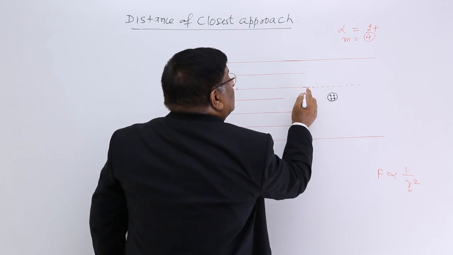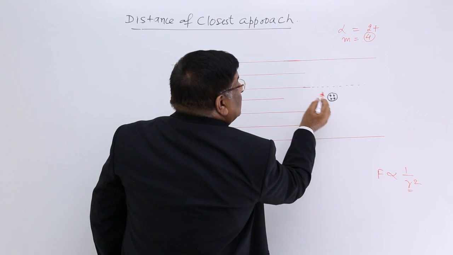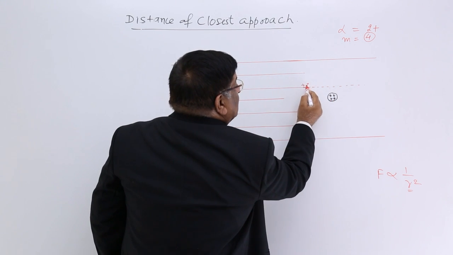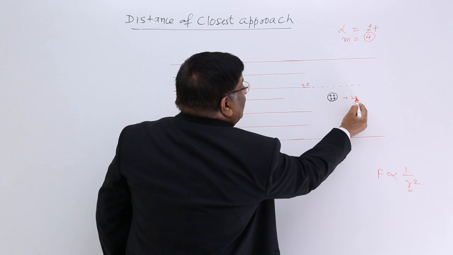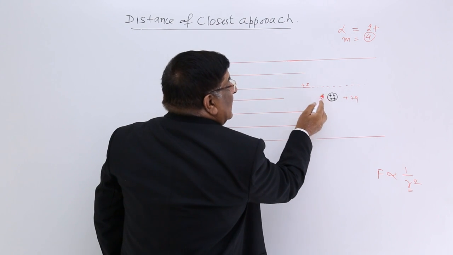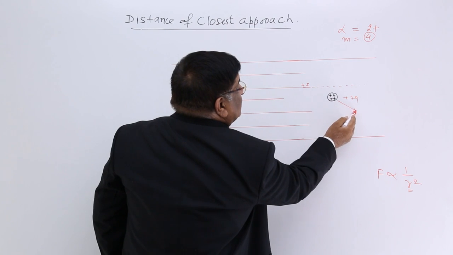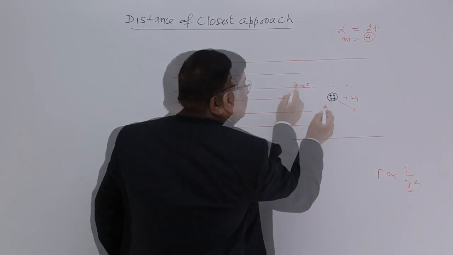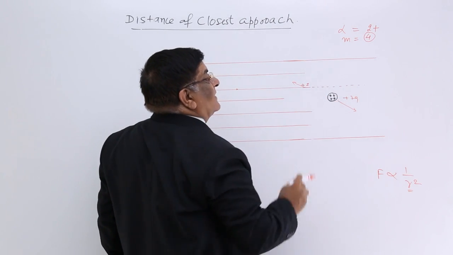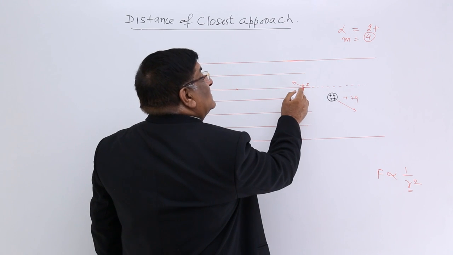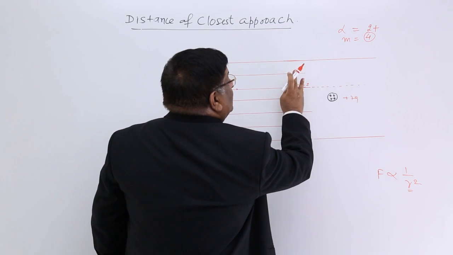Push. This cannot push this. This is plus 2 and this is plus 79. There is an interaction between the two, repulsion. It applies force on this, and this applies force on this. This does not move because its mass is very large, but this moves. And when this moves, what happens?